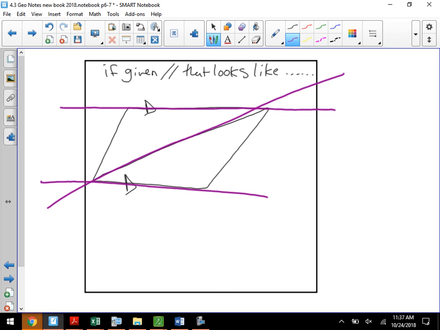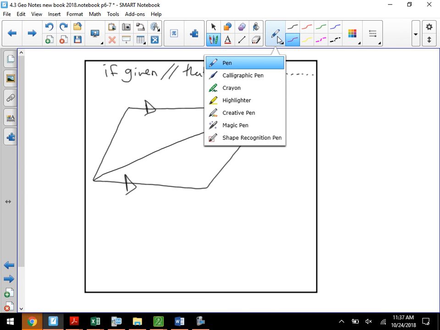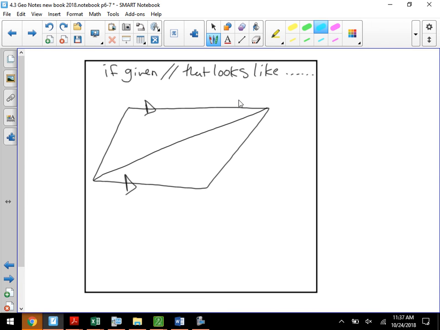You okay with that? It gets way too messy if you do it this way. So here's what I normally do. Do you agree that if I follow my parallel to the transversal to the parallel, it makes a Z?